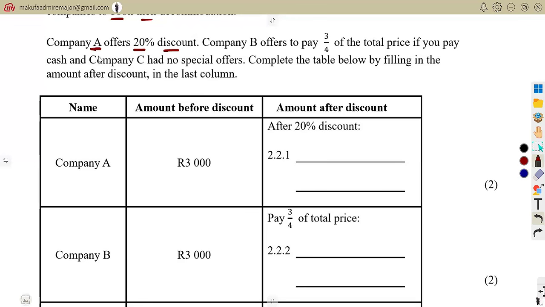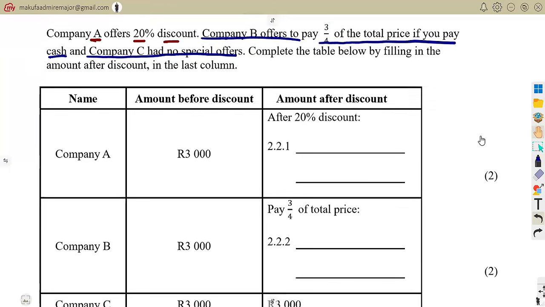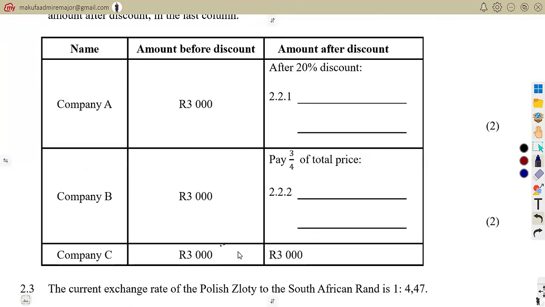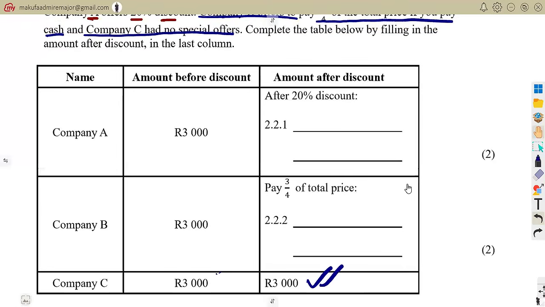Company B offers to pay 3/4 of the total price if you pay cash. And company C had no special offer. So if you pay 3,000, nothing is going to be offered. It will be just 3,000 as it is. There is no discount for company C.